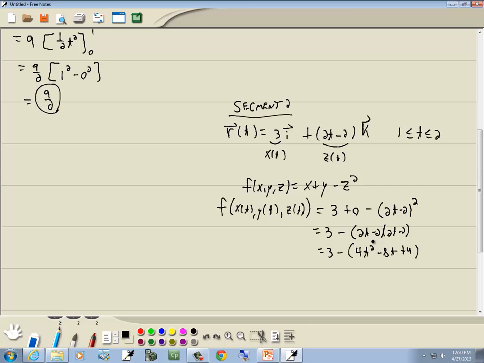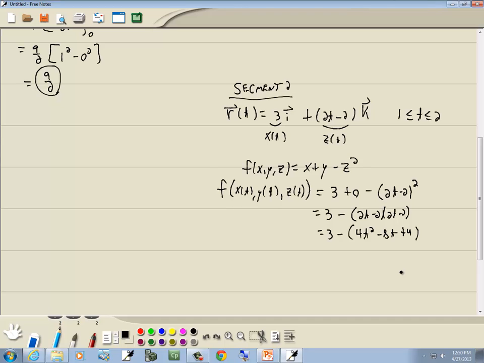Let me double check that. Kind of getting a headache. Okay. So then this gives us negative 4t squared plus 8t, and negative 4 plus 3 gives us negative 1, assuming no basic math error.